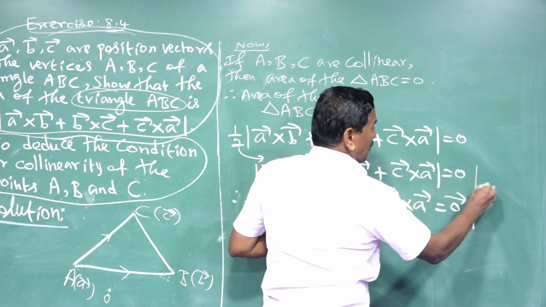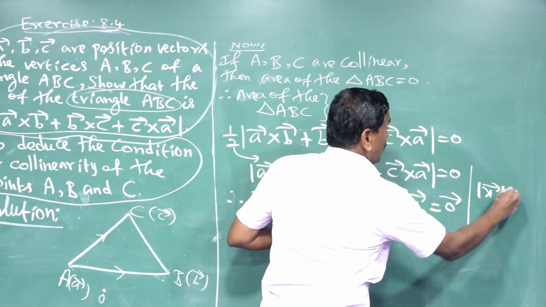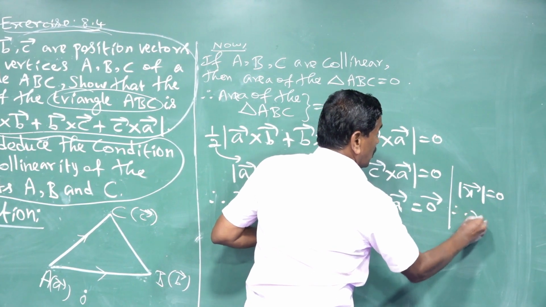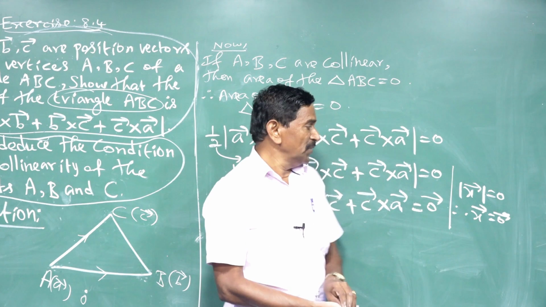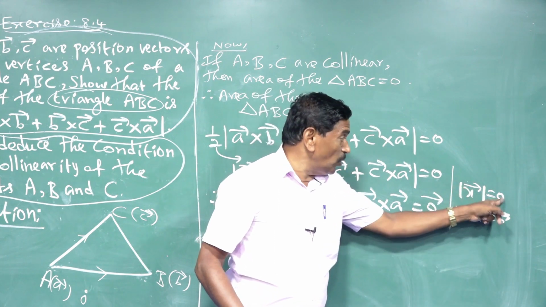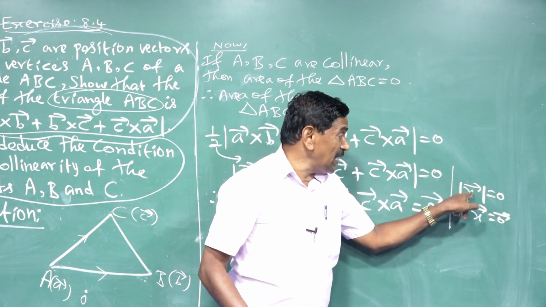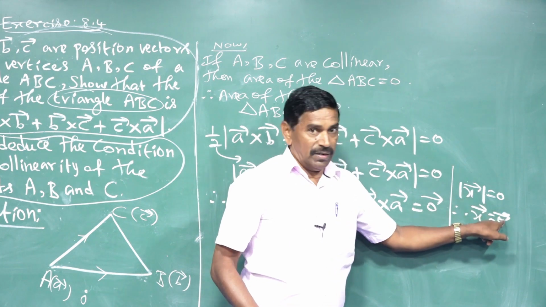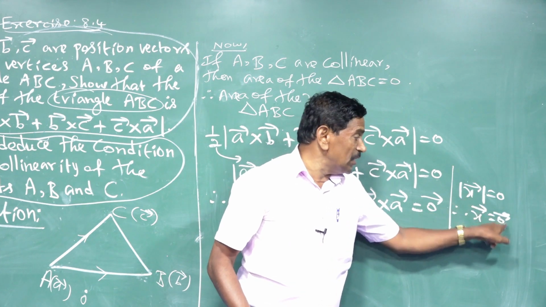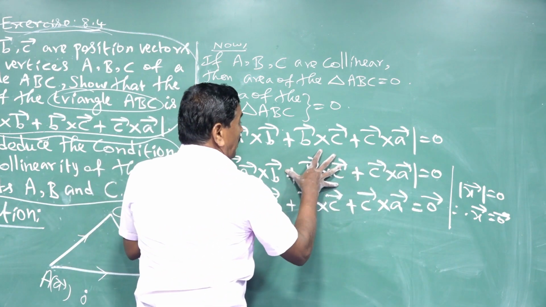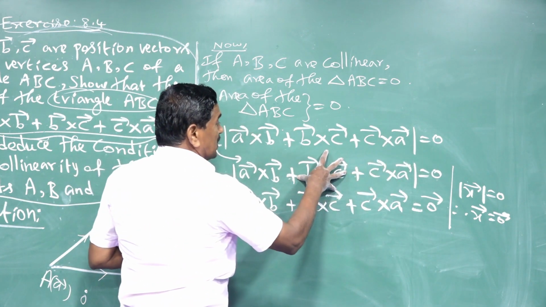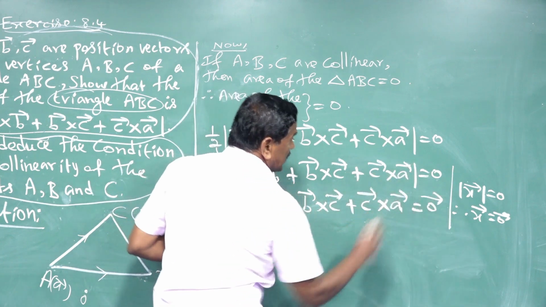Because listen, for example, modulus x vector is equal to 0, therefore x vector is equal to 0 vector. So which is the formula? Modulus x vector equal to 0, then this inside vector is equal to a 0 vector. Okay, which is the formula.